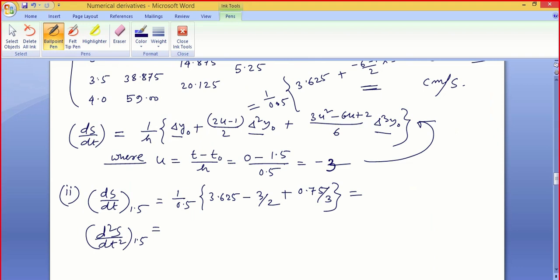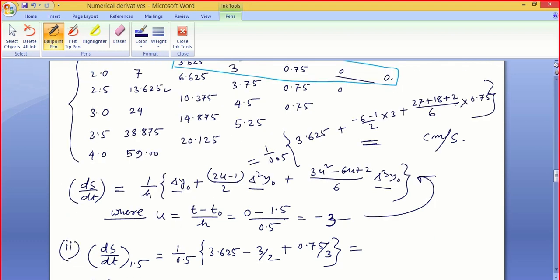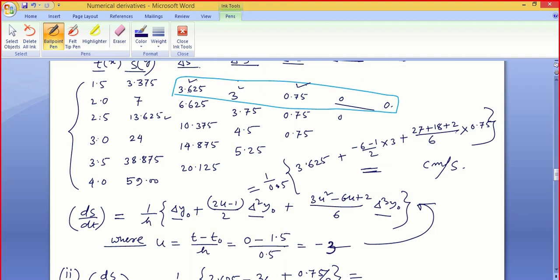Any problem in understanding? If there is any difficulty, ask now. These values are my upper diagonal elements. You just see, 3.625, this is the first difference. First difference by 1.